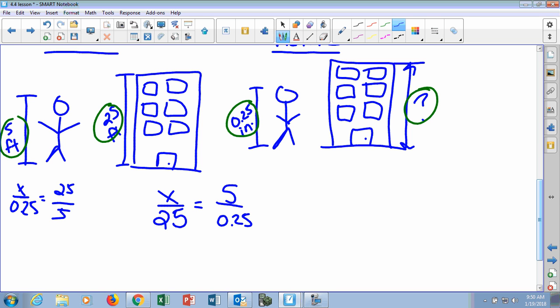So, to go from 25 to 0.25, what do you get? So if you take 25 and divide it by 0.25, what do you get?